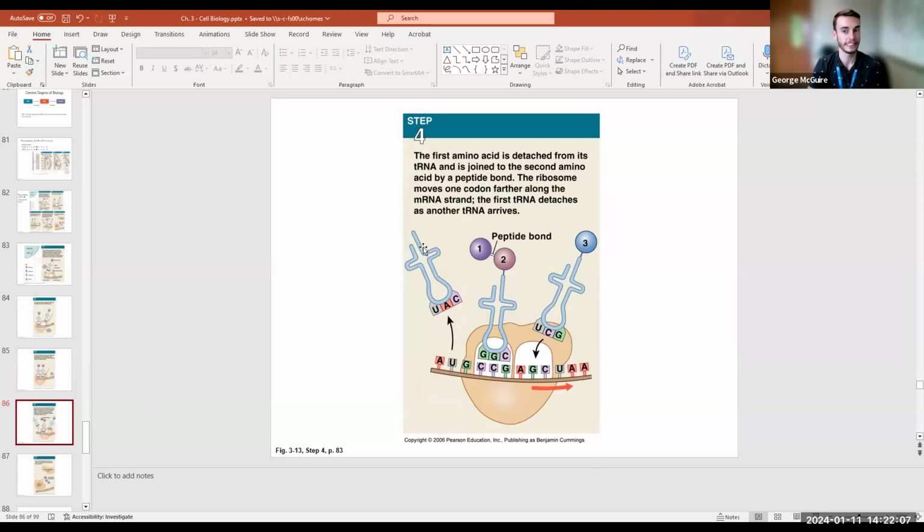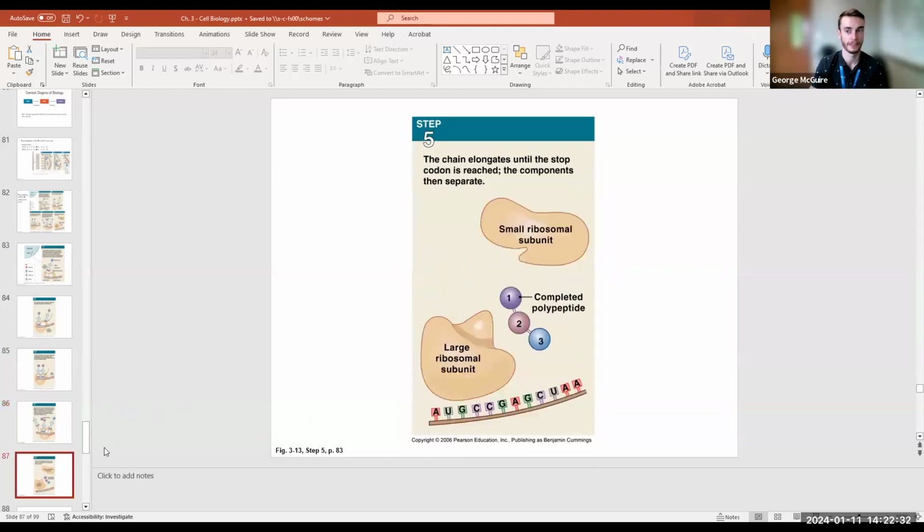And then it will release that empty tRNA and bring in another one. So it is constantly shuffling through this process of moving our mRNA transcript one codon at a time, bringing a tRNA molecule that can bond with that transcript, and that will bring the specific amino acid that the transcript is coding for, forms a peptide bond, and then releases the empty tRNA.